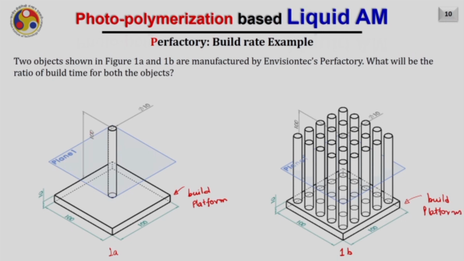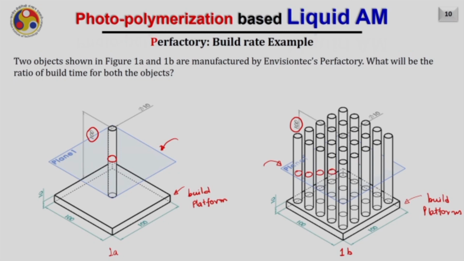And the height of the object here is 100 mm, and here also the height of the object is 100 mm. Now let me take an example of a plane at a particular height, and of course the cross section we will obtain here, where the material has to be cured, is nothing but a circle. Again, if I take a cross section of this particular object, the intersection will be a collection of some circles.